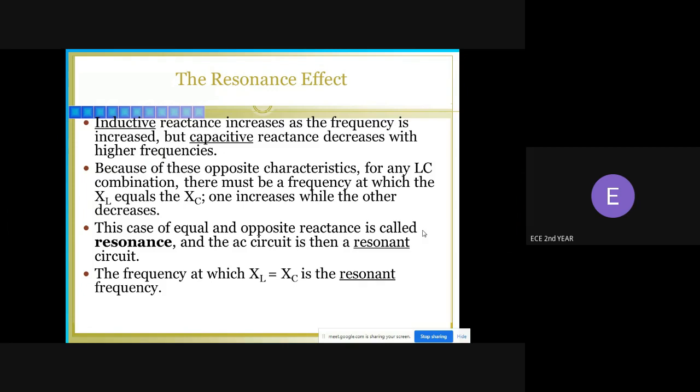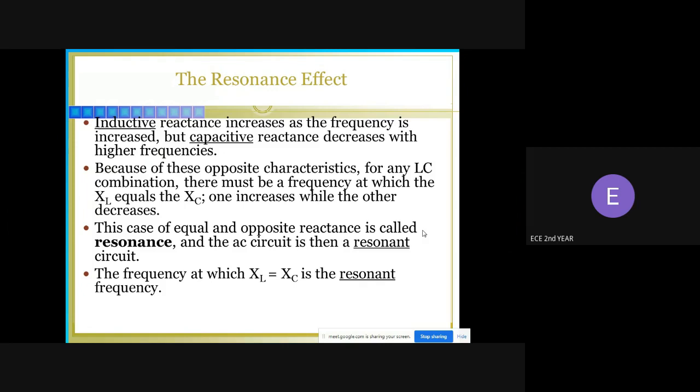Because of these two opposite characteristics, for any L and C, that means inductor and capacitor combinations, there must be a frequency at which XL equals XC. One increases while the other decreases, vice versa, XL and XC. These cases of equal and opposite reactance are called resonance, and the AC circuit is then called a resonant circuit.